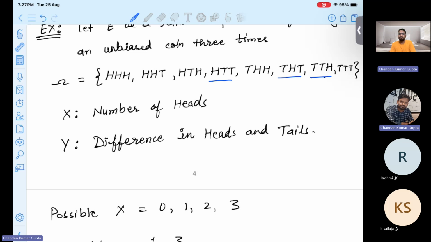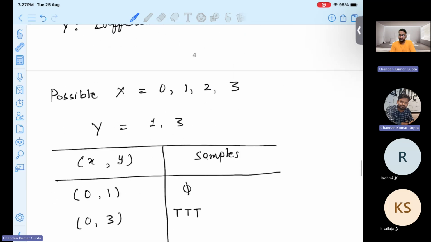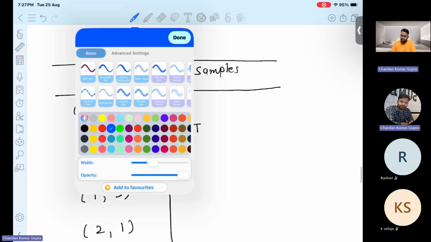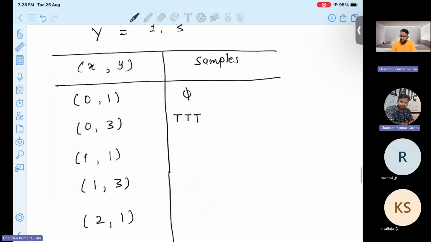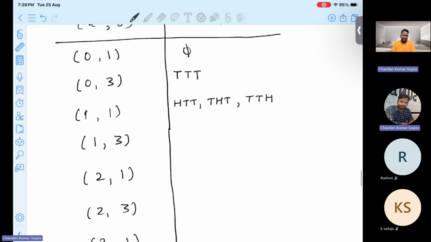So all these three samples belong to this observation. That means we can write HTT, THT, TTH. Each contains one head, and the difference between the number of heads and the number of tails is 1. In the same manner, you can formulate 1, 3.